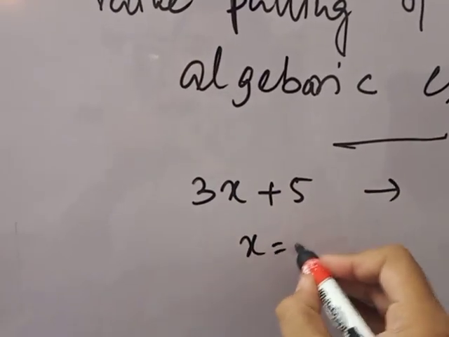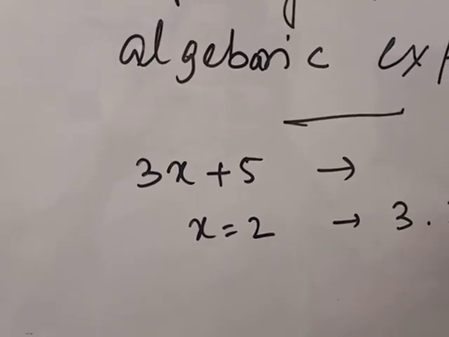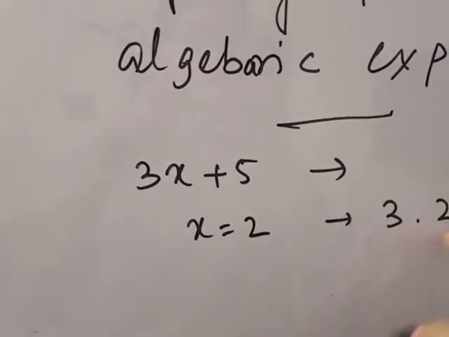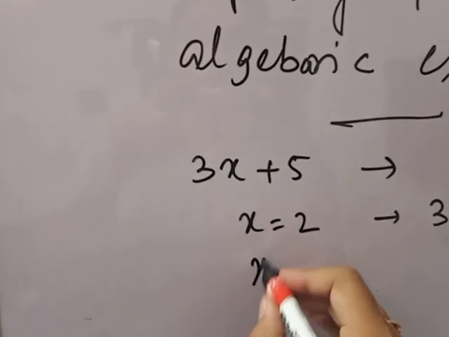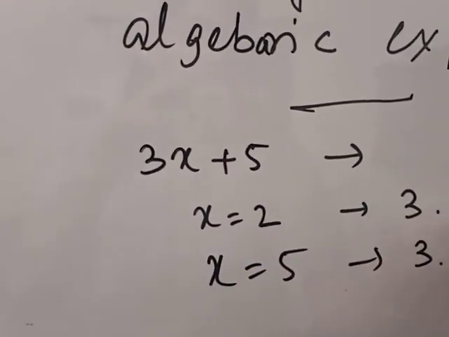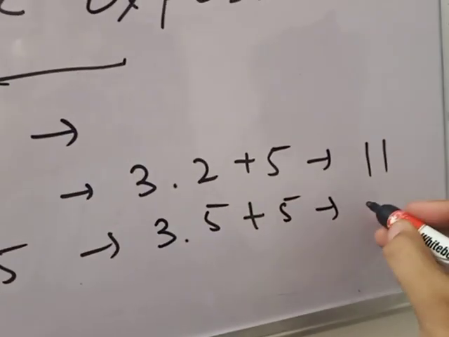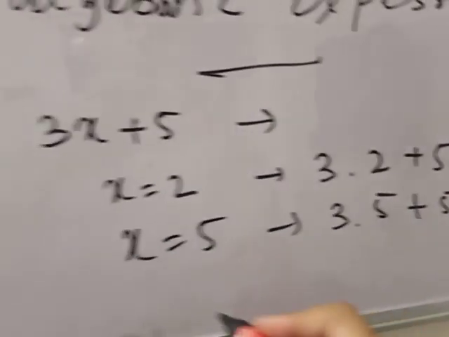Suppose x equals 2. Then 3 into 2 plus 5, so this implies 11. If x equals 5, then 3 into 5 plus 5, that means this is 20.